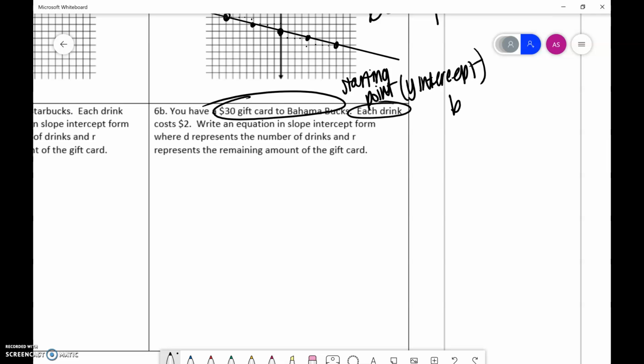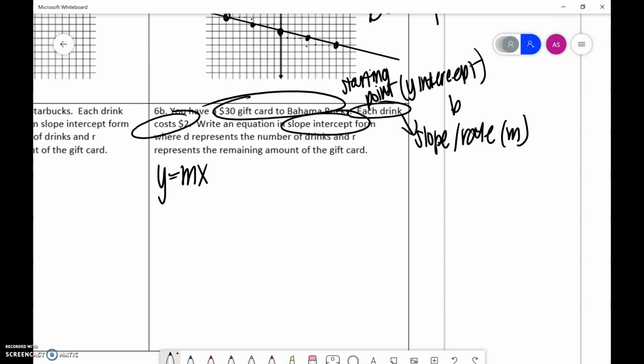And then it says each drink is $2. So anytime you see words like each, per, and everything like that, that number is going to represent your slope or your rate, which we use M for. They want the equation in slope-intercept form, so I'm going to have y equals mx plus b.